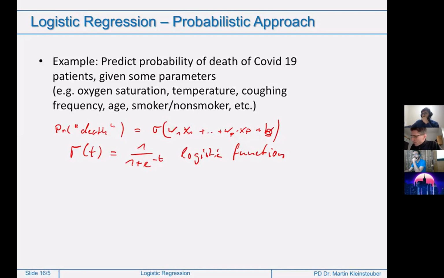We have our output variable, which in that case is Bernoulli distributed.